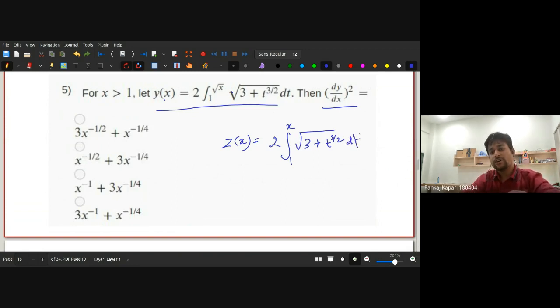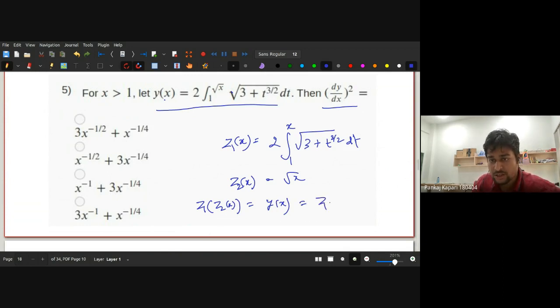So this is one function. And z2(x) is just the square root of x, right? Now you can see that if you compute z1(z2(x)), the composition turns out to be exactly equal to y(x). So the y function is just the composition of two functions.